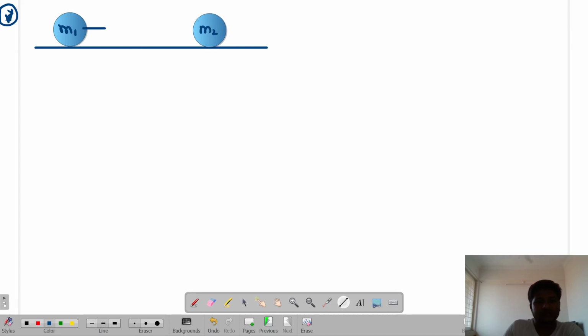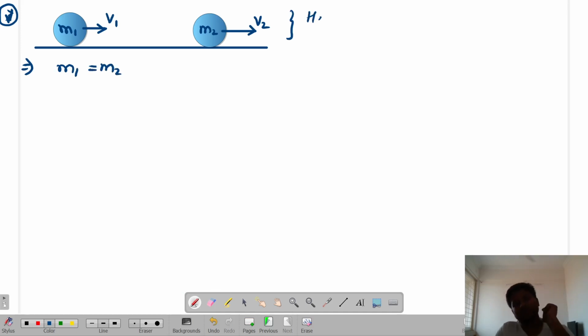The speeds are different, v1 and v2. But one thing is very common in them, the first case of that head-on elastic collision, that m1 is exactly equal to m2. They are following which collision? Head-on elastic collision.